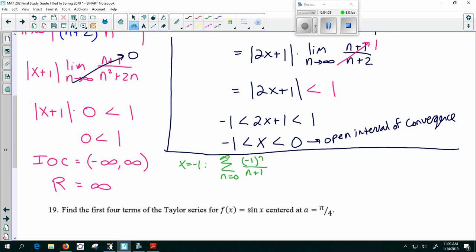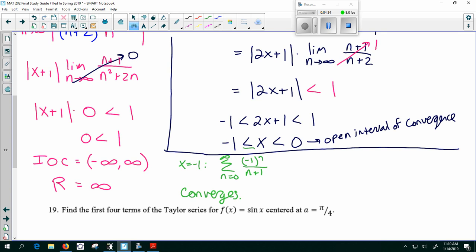That is going to converge because it is similar to the alternating harmonic series. You could check it with the comparison test or the limit comparison test. So this converges, which means I can add an or equal to on my interval of convergence on the -1.